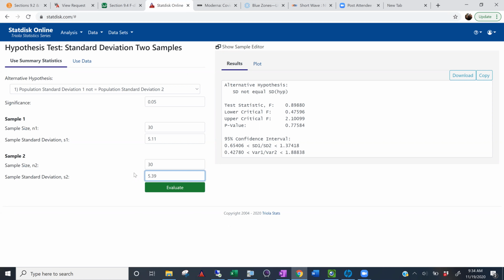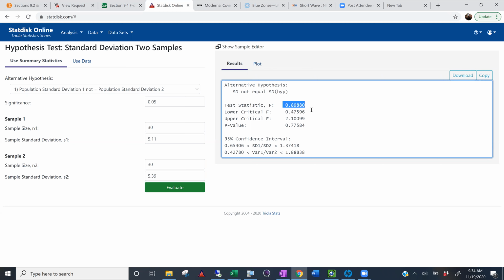And bam, there we go. So the F statistic is right here, 0.8980, et cetera. But that's not what I really need here.